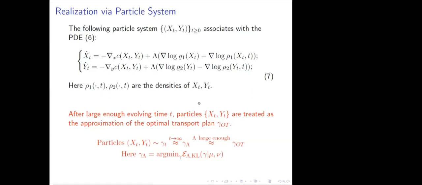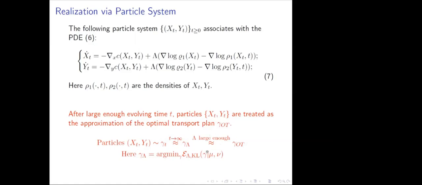So let's stop here and take a look at the big picture. Why can this large bunch of particles xt and yt approximate the optimal transport plan? It can be explained as follows. This large bunch of particles can be treated as samples from gamma t, and since t is large enough, this gamma t can be treated as a valid approximation of the minimizer of the functional epsilon.